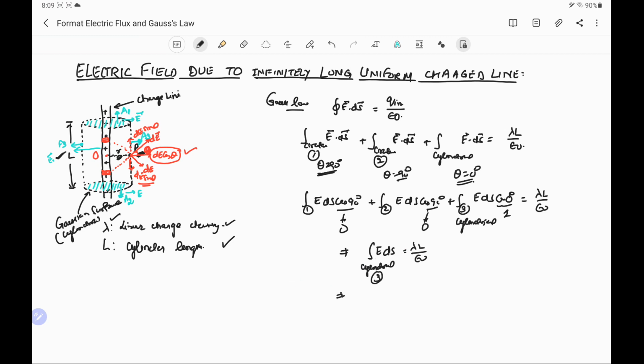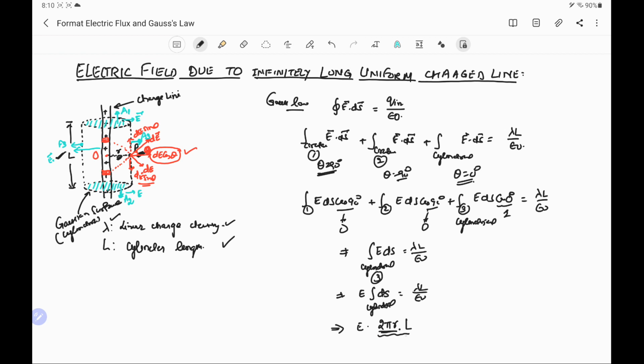Because E is equal in magnitude at the point P, which is at a distance r, that is, for each point on the cylindrical surface, E has equal magnitude by symmetry. Therefore, it can be taken out of the integral. It remains E integral ds equal to lambda L by epsilon naught. And this integral is over the cylindrical surface, which has area equal to the circumference 2 pi r multiplied by the length of the cylinder.